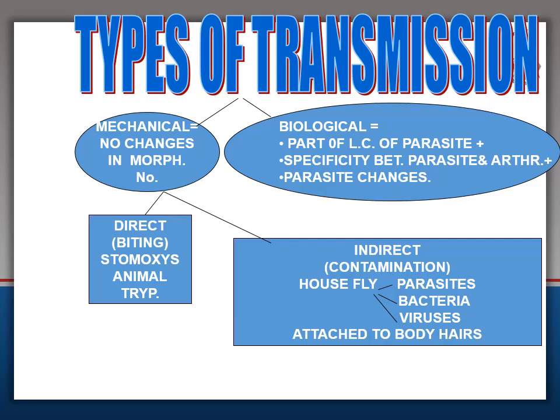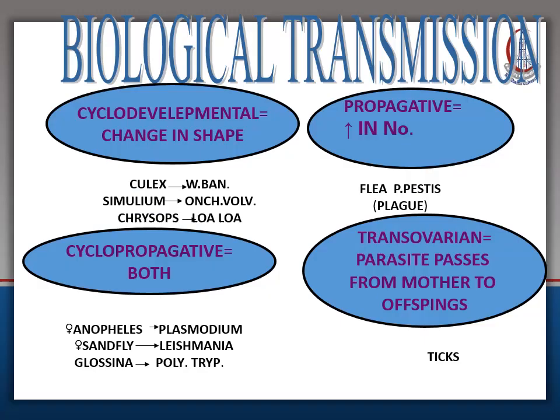In other cases, the parasite or the disease agent, which is transmitted by the arthropods, undergoes changes inside the body of the arthropods. They either increase in number, change in morphology, meaning they pass from one stage to another, or they undergo both changes, meaning that they increase in number and change in morphology. These arthropods in which the disease agents undergo changes in number and morphology, we call this biological transmission.